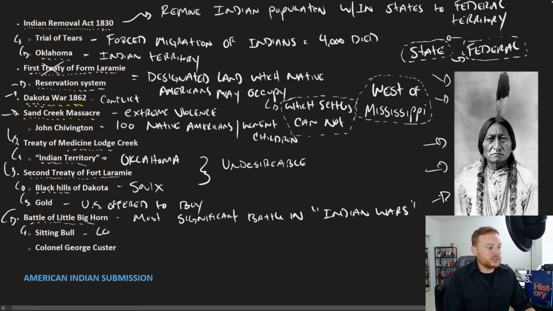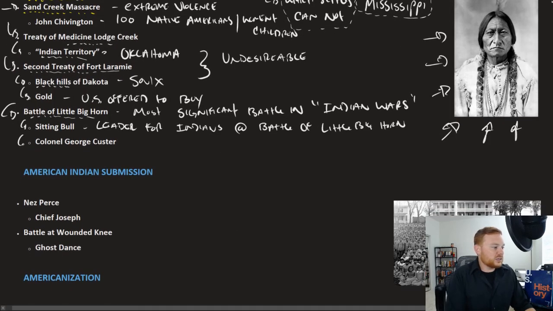So he was the leader for Indians at the Battle of Little Bighorn. All right. General George Custer was leading the American cavalry, and when he attacked Sitting Bull and this other group of Native Americans, General George Custer was killed in action.